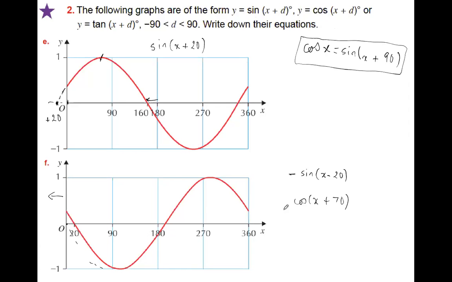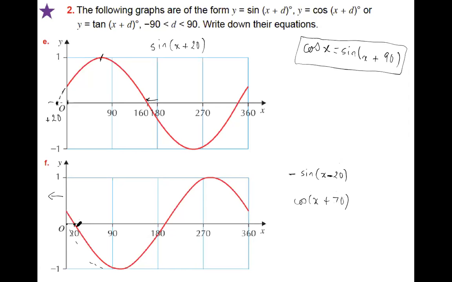Okay, so this is me giving you both solutions. If they had asked us to write it as a sine, it would be this way. If it's a cos, it would be this way. And if x is 20, what's cos 90?